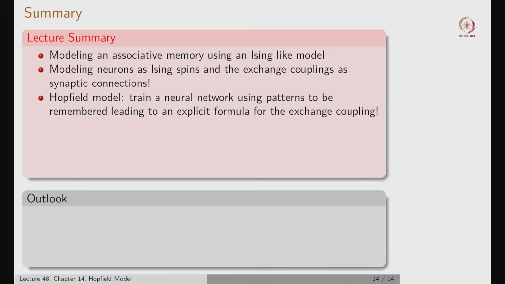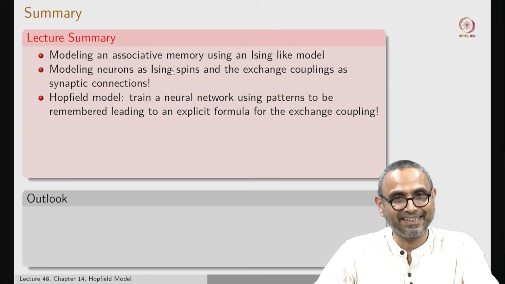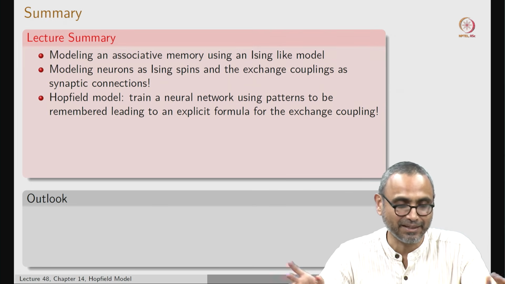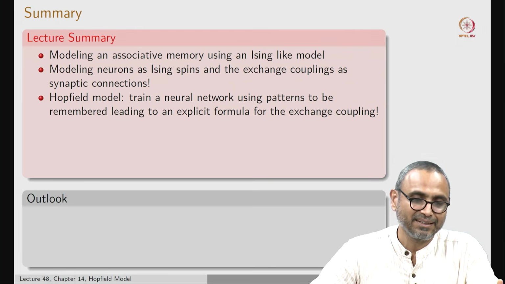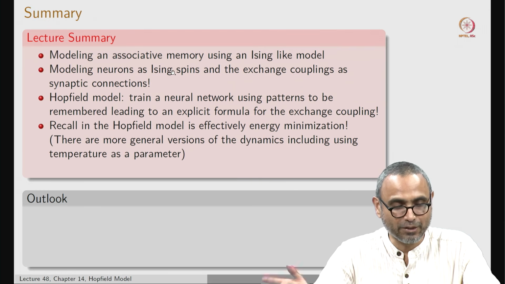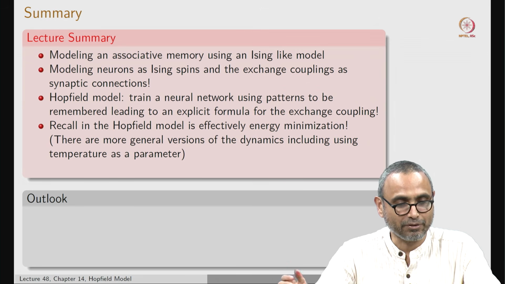So the Hopfield model is a very special kind of neural network where the training is actually straightforward, the training is directly coming from the patterns. This is certainly not the case in general neural networks. You have to train them and it takes a lot of effort to train them.